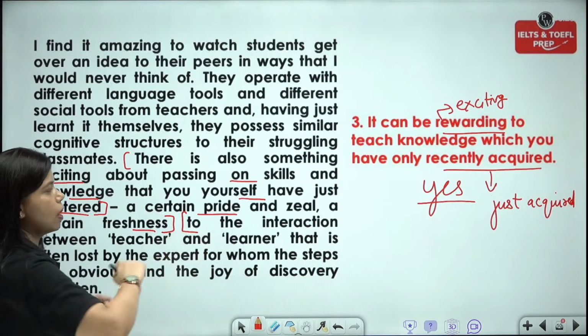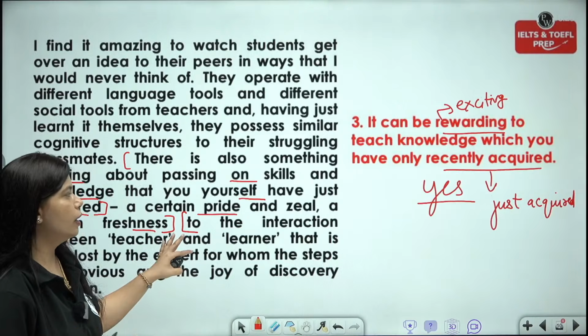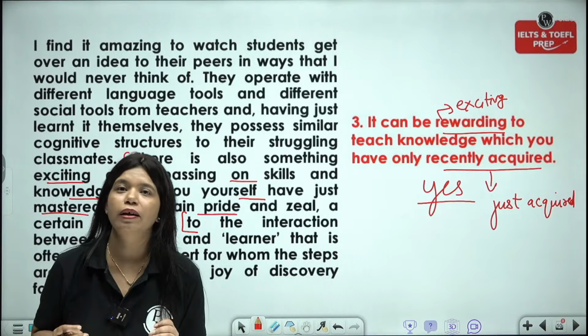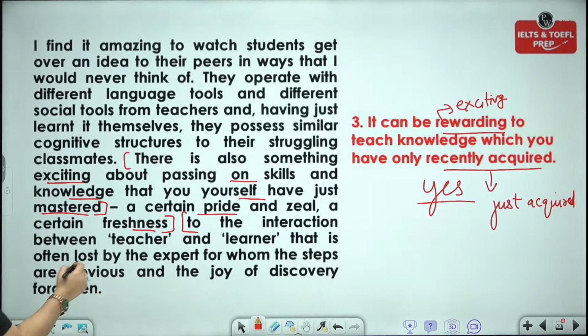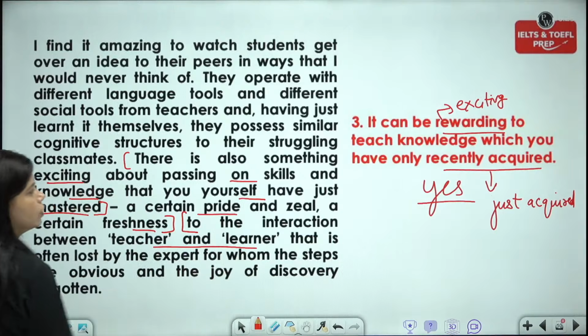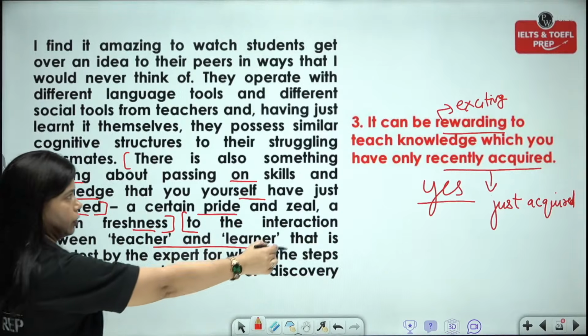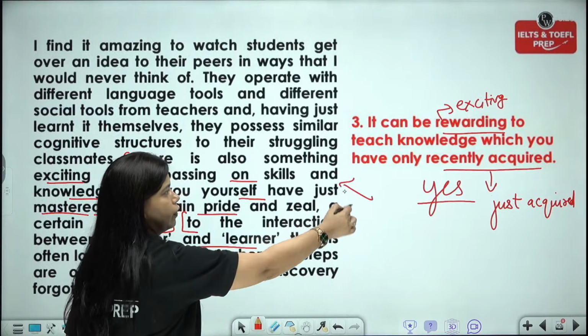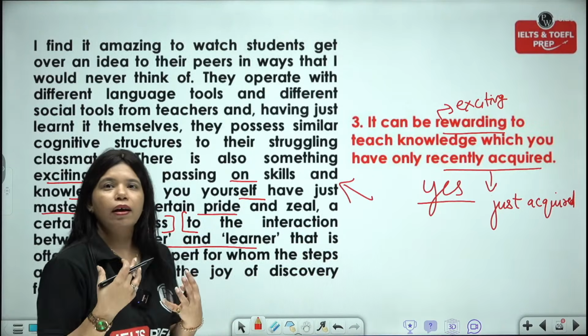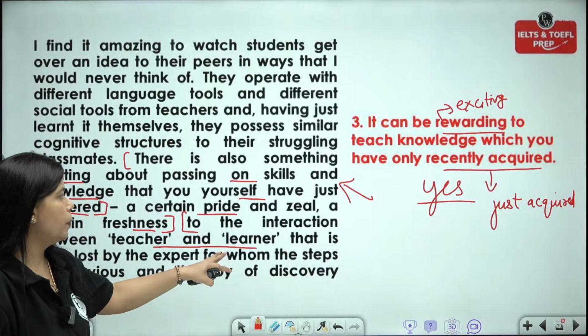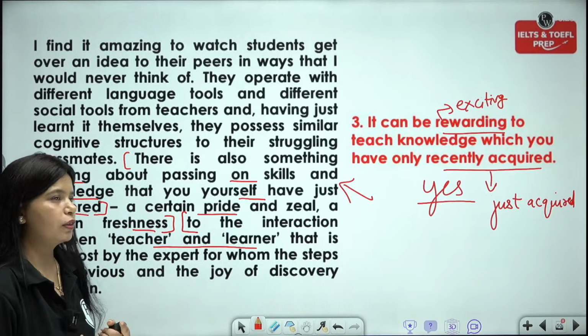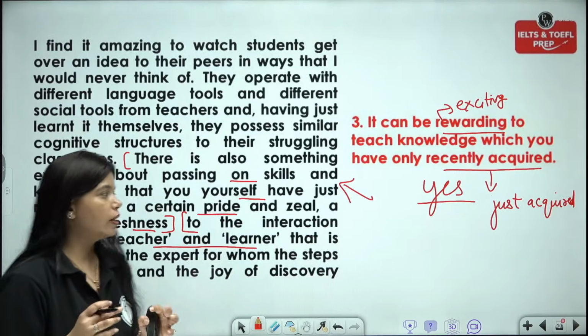To the interaction means as compared to the interaction between teacher and learner. So they are saying this kind of knowledge sharing which you have just acquired is more exciting as compared to this kind of interaction which is happening between teacher and learner.